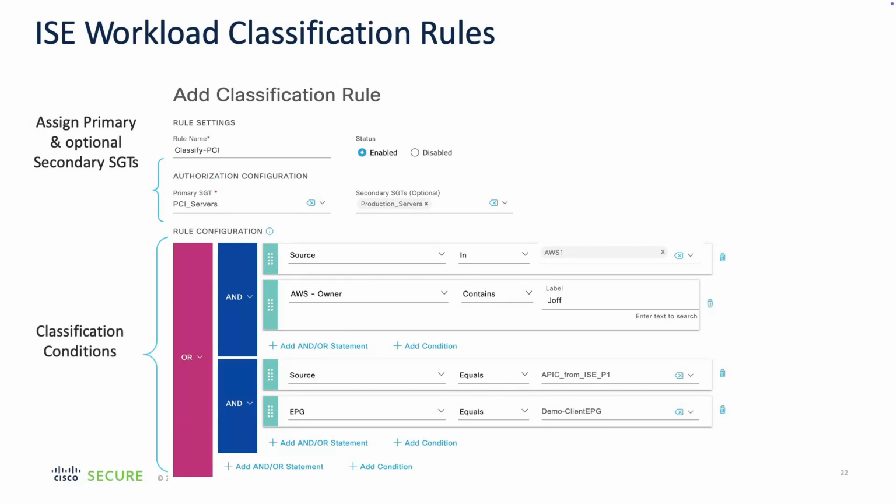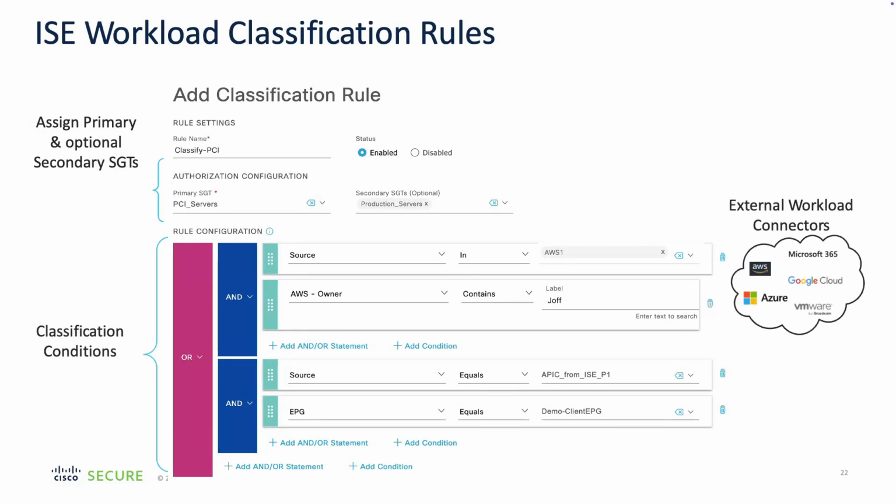So the top two rows here are related to learning from an external connector, let's say AWS, for example. So I've got there the source is from AWS, and I've used a condition of owner has a particular name. So this is about classifying workloads from AWS and assigning them this SGT.